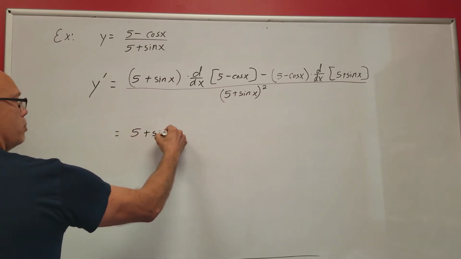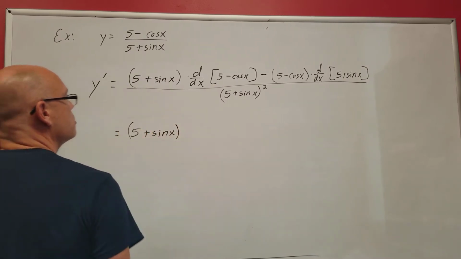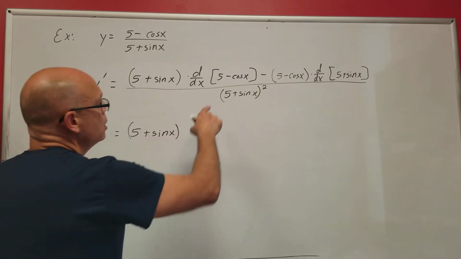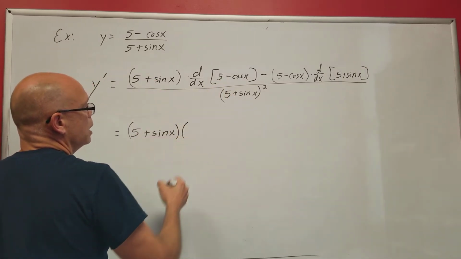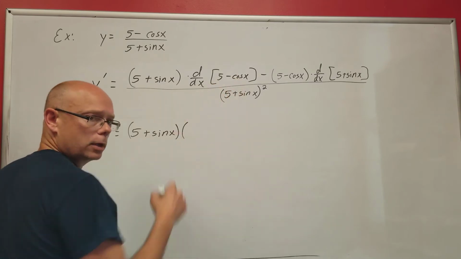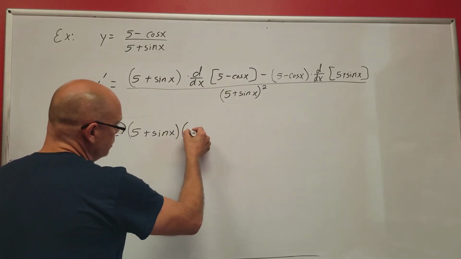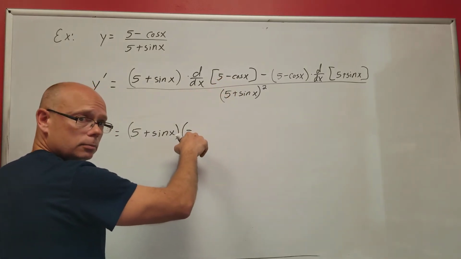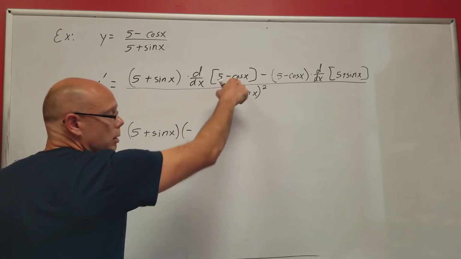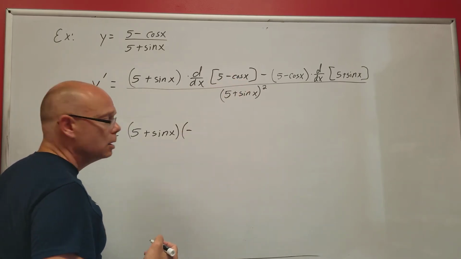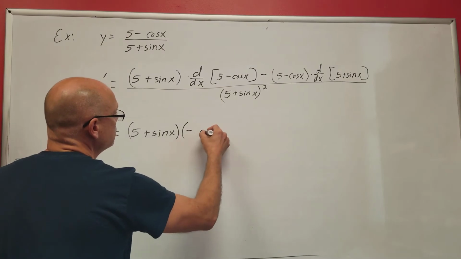So here we get 5 plus sine of x just drops down. Derivative of 5 is just 0, right? But what's the derivative of cosine? Okay, think about it for a sec. I have a negative that came down, right? And then the derivative of cosine is negative sine.